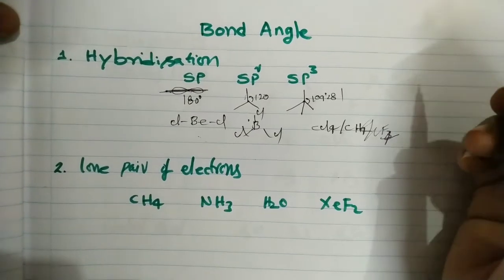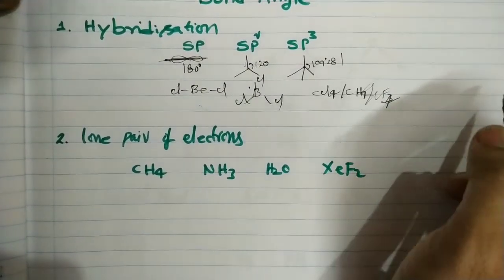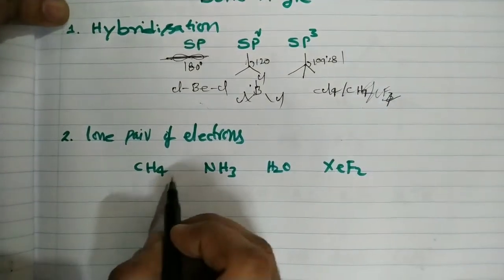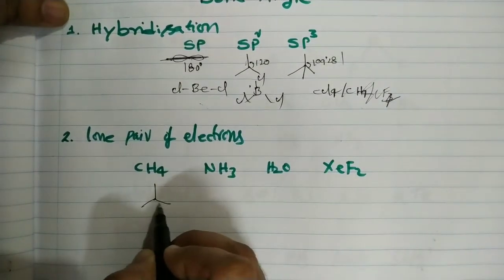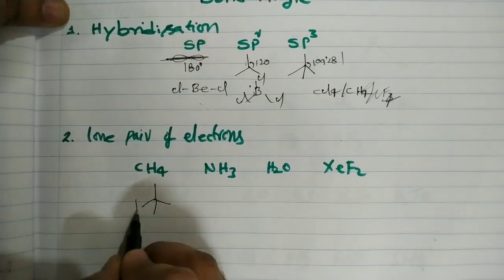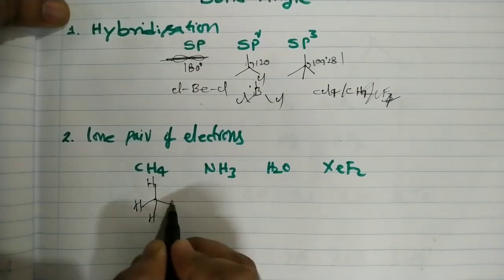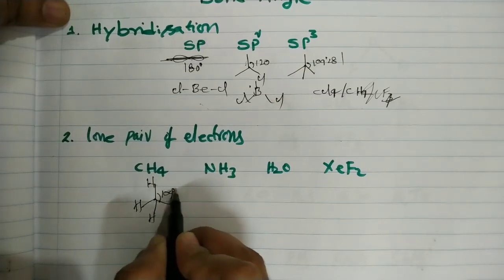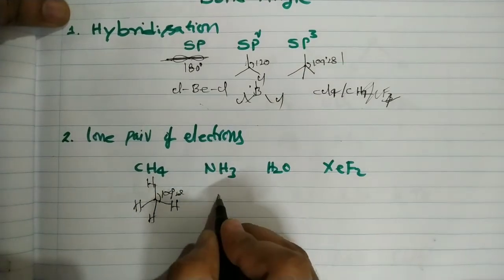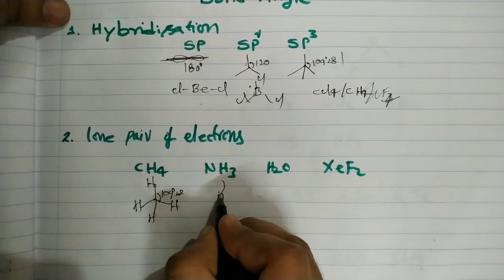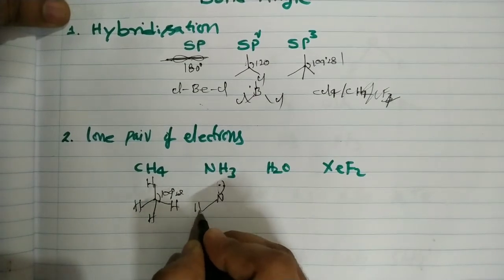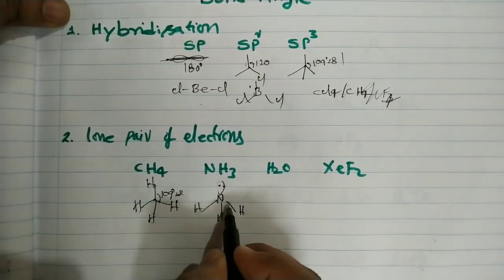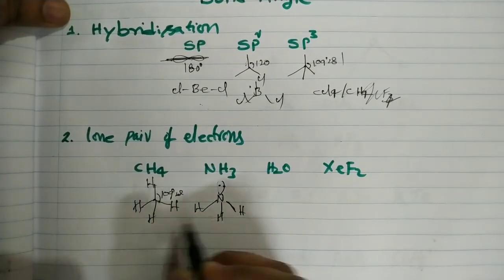And next, lone pair of electrons. How do lone pairs affect the bond angle? First, suppose CH4, where all are bonding atoms, so no lone pair of electrons is present on the central atom. The bond angle is 109 degrees 28 minutes. Now in this case, there is one lone pair. Of course, you know that this has a pyramidal shape. This is a bond pair, this is a bond pair.